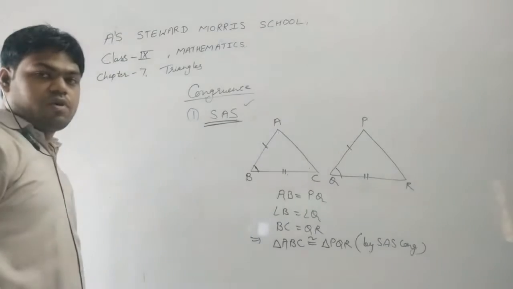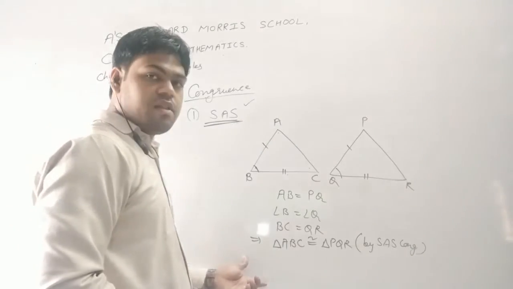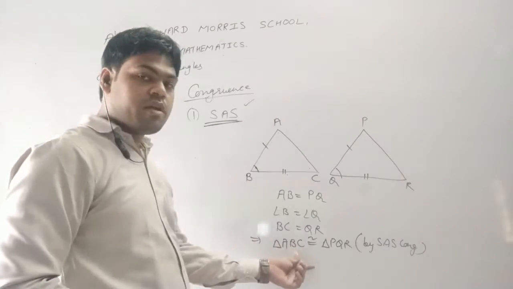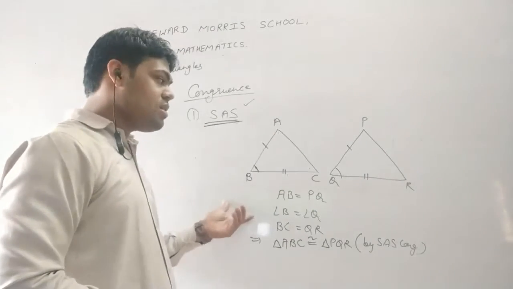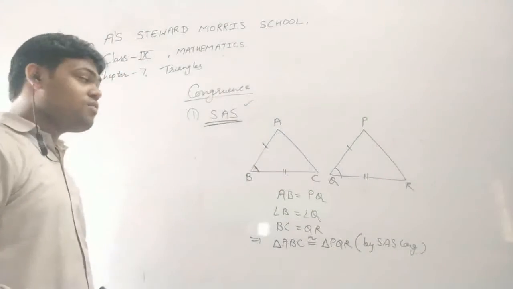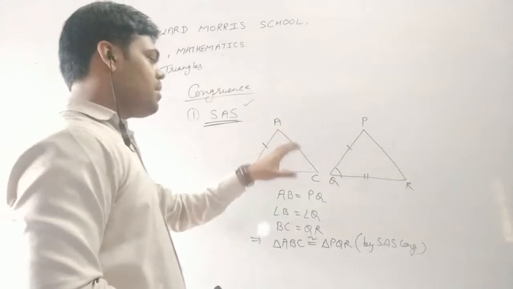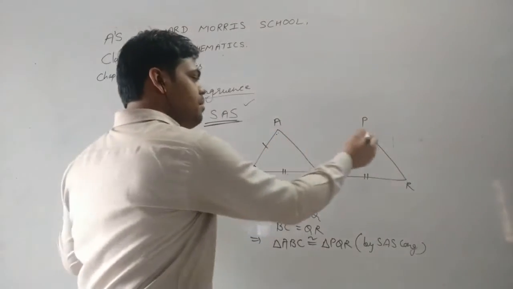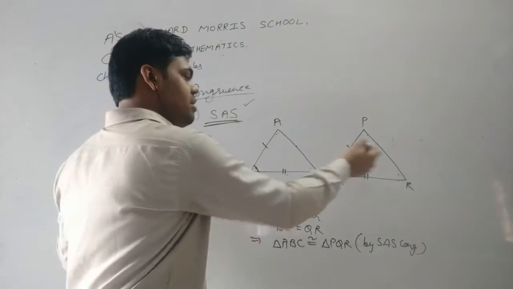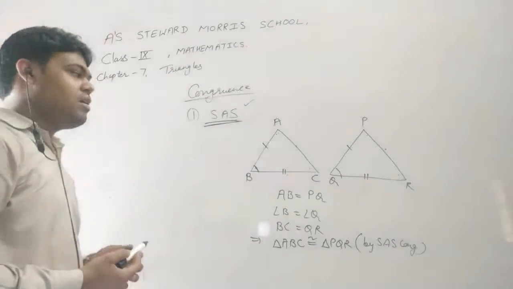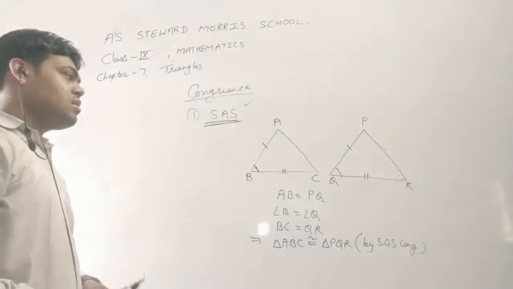After applying the congruency rule, if these 3 parts are equal, we can write that these triangles are congruent. So the remaining parts will be equal by CPCT. What is the meaning of CPCT? Corresponding parts of congruent triangles means the other parts will be equal: A and P will be equal by CPCT, C and R also equal, and AC and PR also equal. That is your SAS congruency.